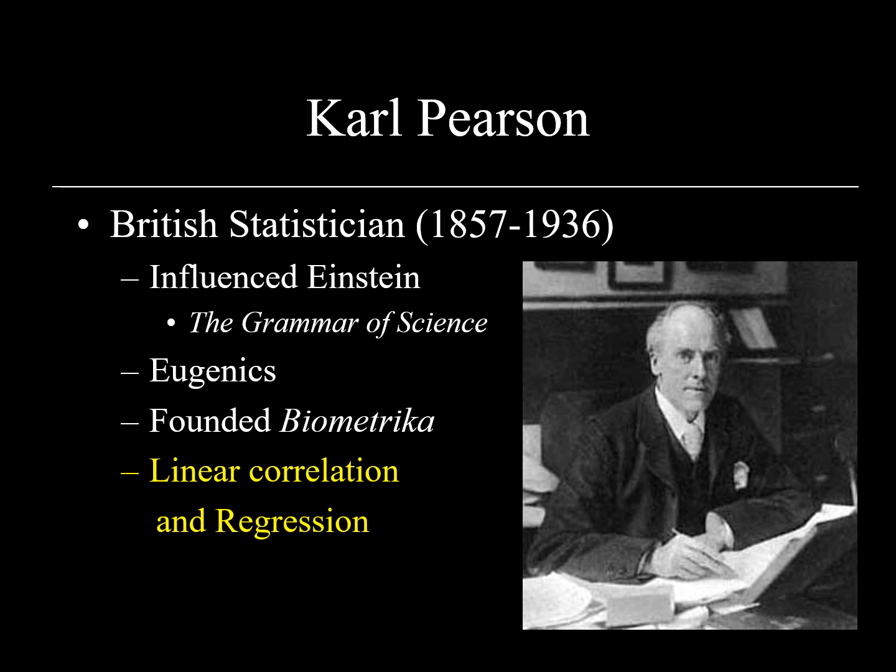And that means that he also believed that the measurement of human behavior, of human ability, of human potential could therefore be used to make better humans. So he was an evolutionist, but he also believed in selection on a human scale. He founded Biometrika, which is the preeminent journal of statistical techniques even to this day, and he created linear correlation and regression.